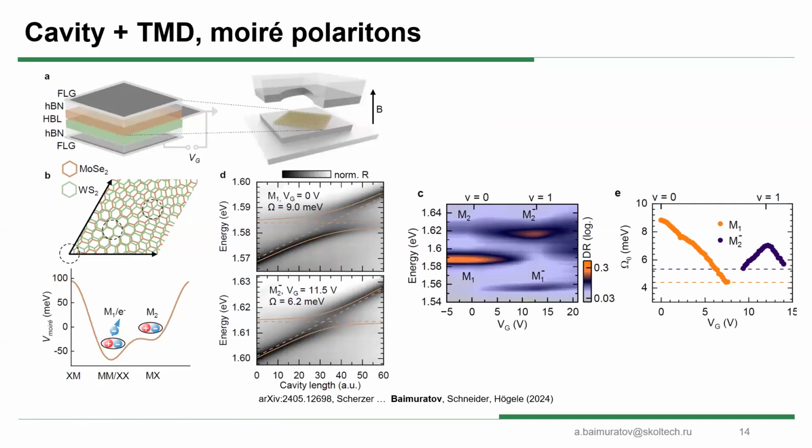Like in the beginning, we called them remote trion or something, but maybe M1 minus is a good trion, and the second one is something like a complex of electron lattice plus exciton. Maybe it's better to call it like this, I would say.